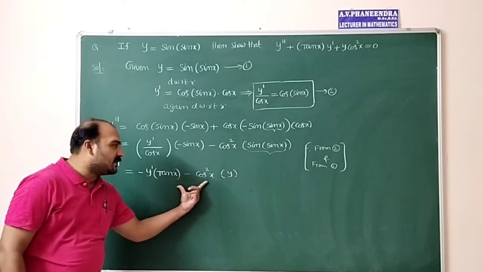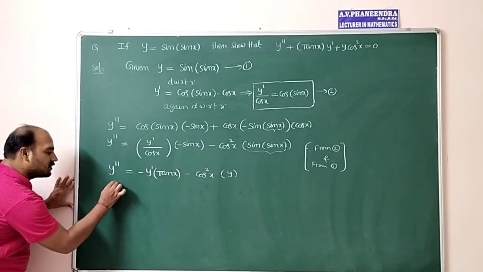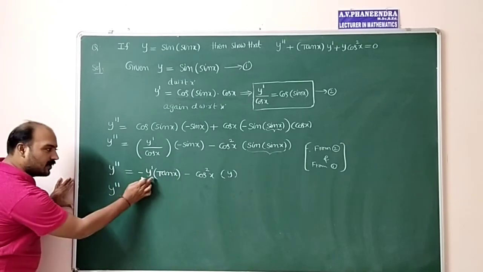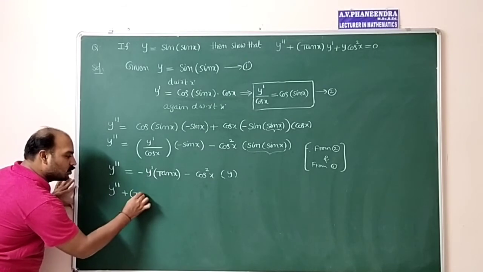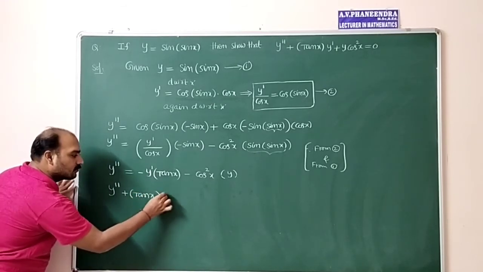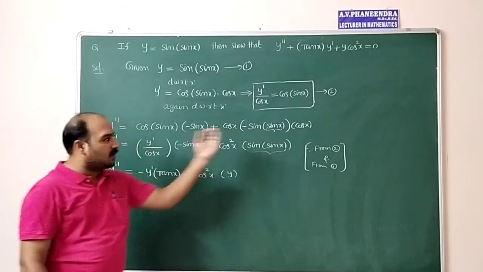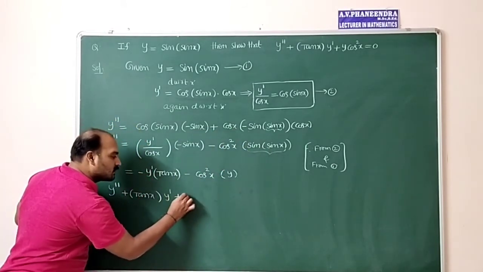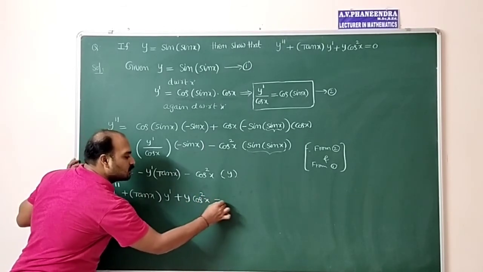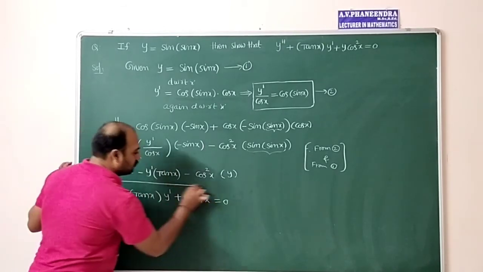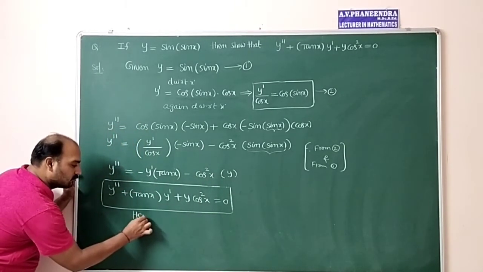Now these minus values we are taking this side: y double dash plus tan x into y dash, and minus cos square x y, we can take this side, plus y cos square x is equal to 0. Hence proved.